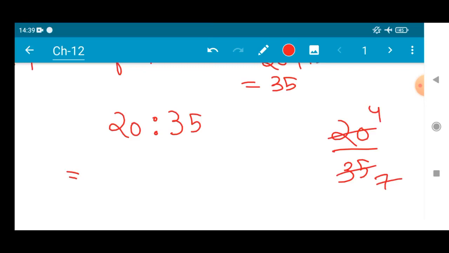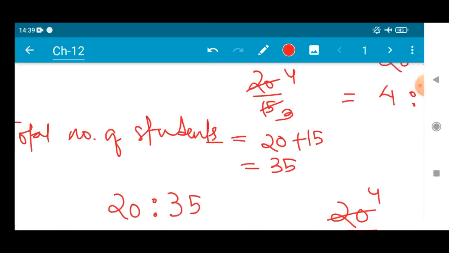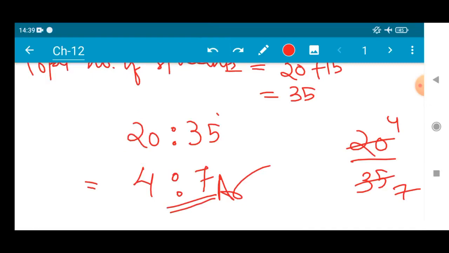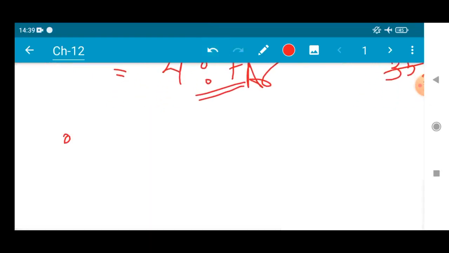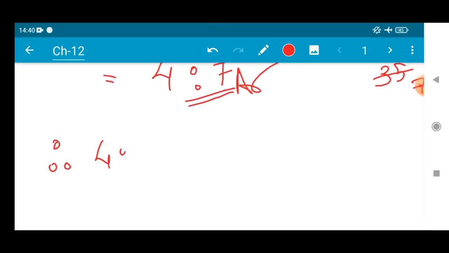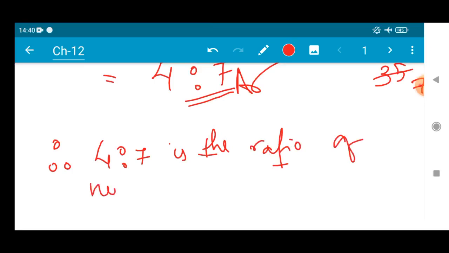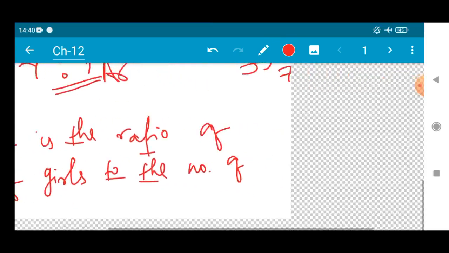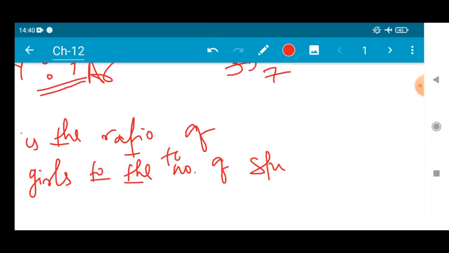Now nothing can be reduced. This is the simplest form. So 4 is to 7 is the ratio between the number of girls and the number of students. So let us write, therefore 4 is to 7 is the ratio of number of girls to the total number of students.